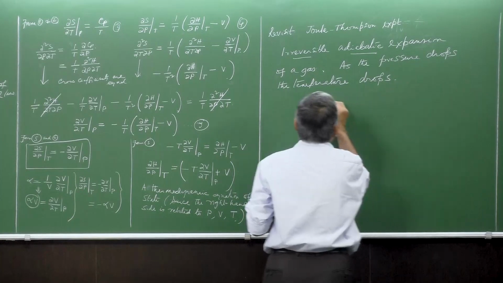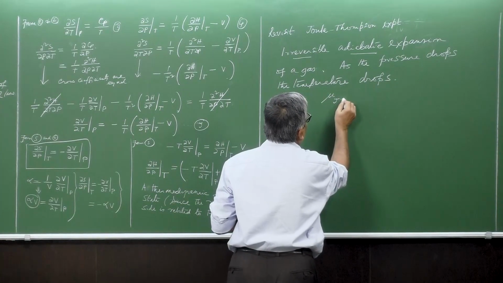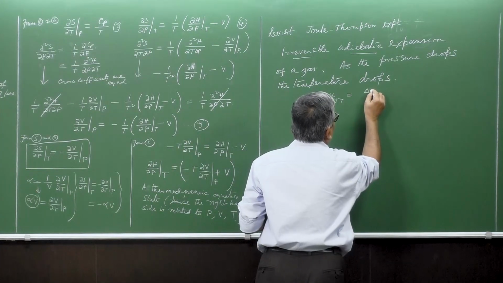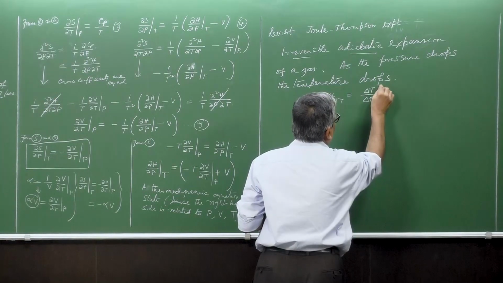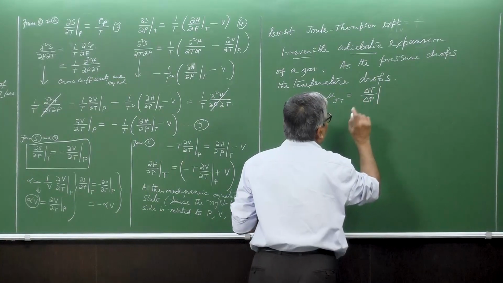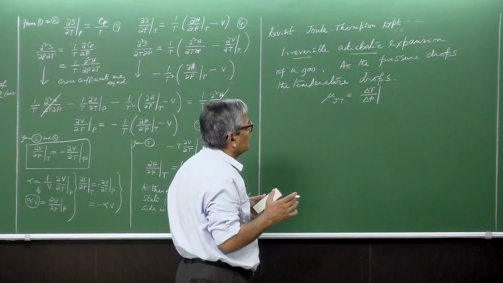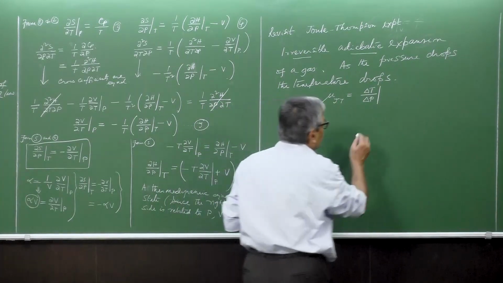We find that μ_JT, the Joule-Thomson coefficient, is something like ΔT/ΔP under certain conditions, because the Joule-Thomson experiment was done and it was shown that it is an isenthalpic process.